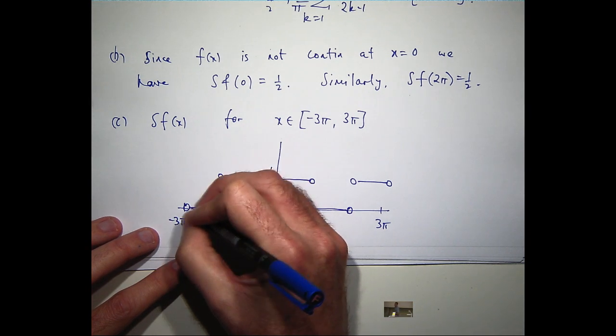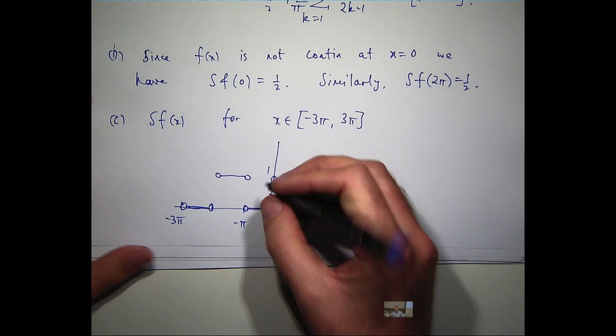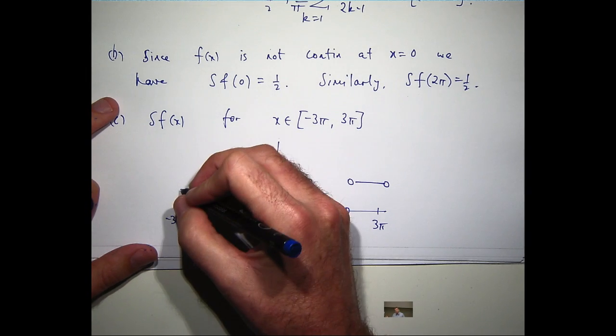Okay, so here are all our points of continuity. The theorem that I put up before says at points of continuity, the Fourier series and the original function have the same value. Okay, it's only at points of discontinuity that you have something a little bit different.